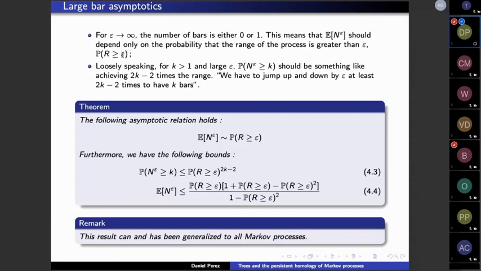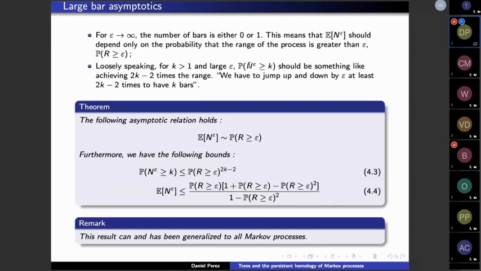And the second remark is that if k is greater than 1, and now we care about the probability of this n epsilon being greater than k, then in some sense, what we should find is that this is like achieving a range of epsilon 2k minus 2 times. And the reason for this is because, well, we have to go up by epsilon once, and so that gives us a first peak.